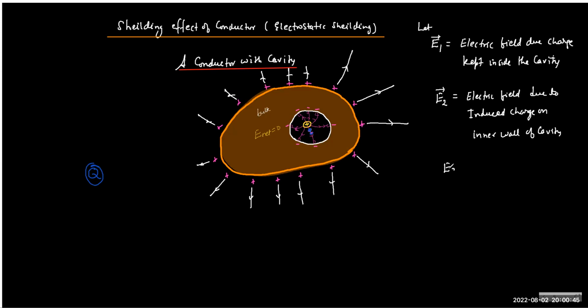And let's say E3 is the electric field due to the induced charge on the outermost surface of the conductor.